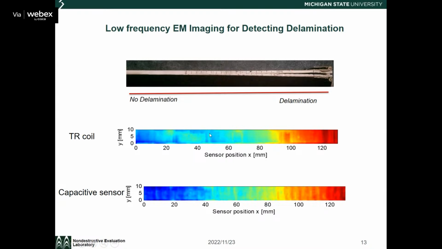But anyway, for the imaging of NDE, you can actually see from different inductive TR coils, transmit-receive coils, or capacitive measurements, the delamination progression over time from red to blue. Blue means no delamination, red means there's a delamination. And from different colors, you can see the delamination severity over space.